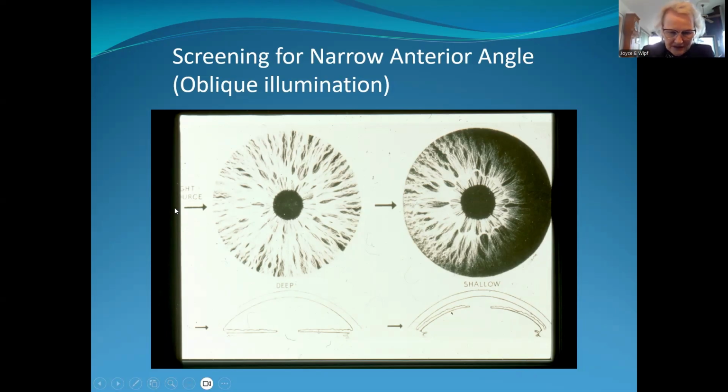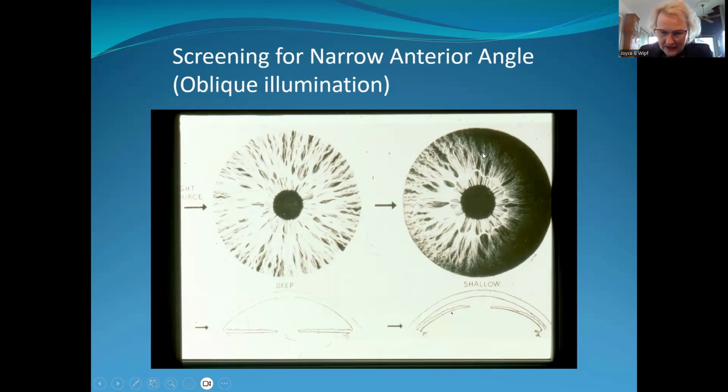So this is a person with a normal deep angle. We shine the light from the lateral orbital rim across and look to see where the shadow is. If this is a nice deep angle, normal, the shadow is going to be on the nasal side, on the bridge of the nose.